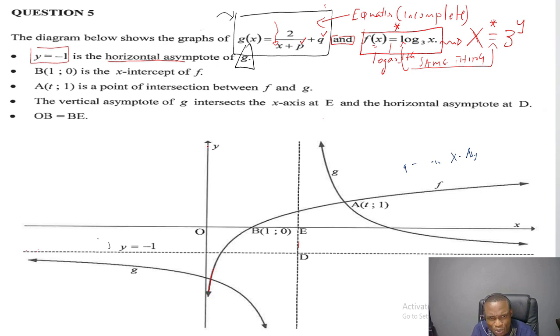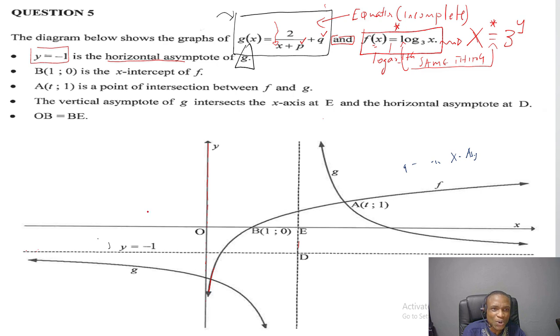So there is an asymptote on this line, which is called the vertical asymptote. So the logarithm function has got only one asymptote, which is the asymptote of x, whereas the exponential function has got one asymptote, which is the asymptote of y. Okay, so I think that one is explained as well.